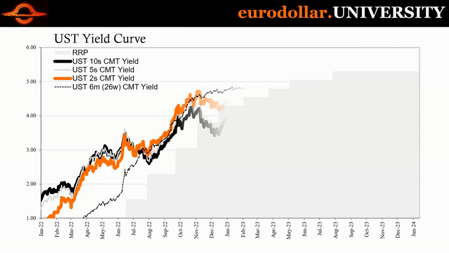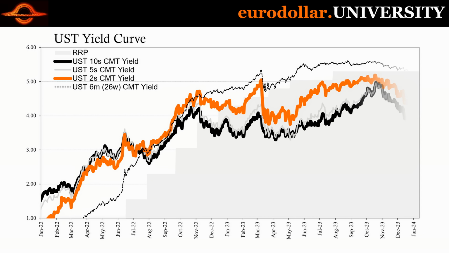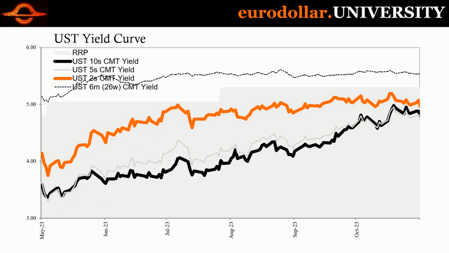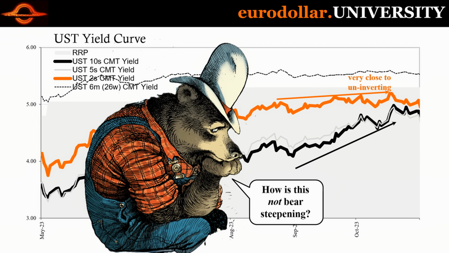Now, as I mentioned, the yield curve was very close to uninverting in October, but in the opposite direction. It looked a lot like the bear steepening case, the good case, the soft landing case. But as I said at the time, it was fool's gold because it was happening during September, and there were a number of warning signs that suggested this was not a legitimate bear steepening case.